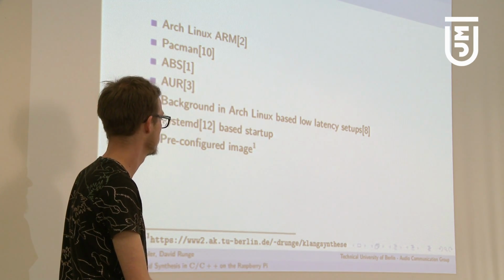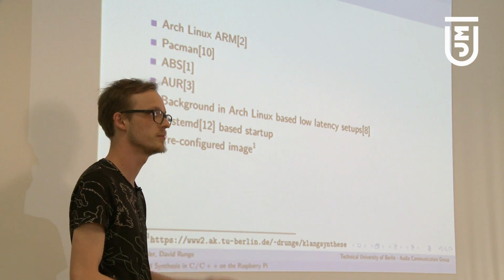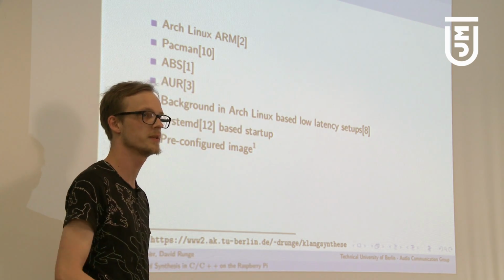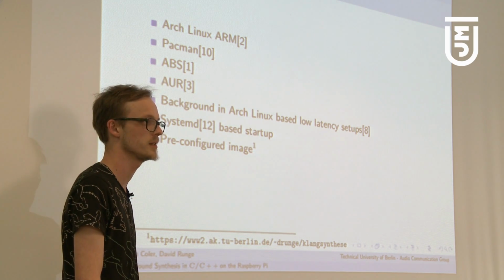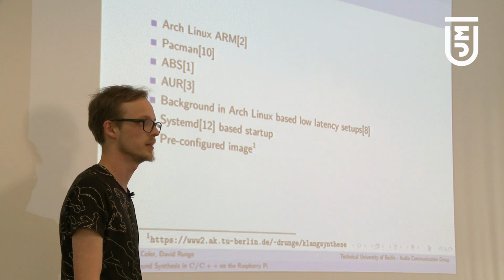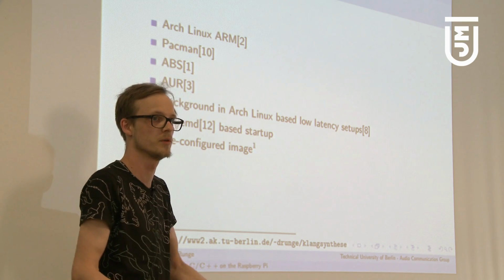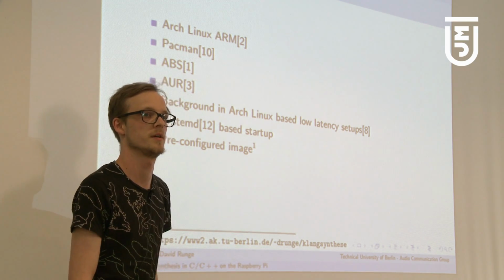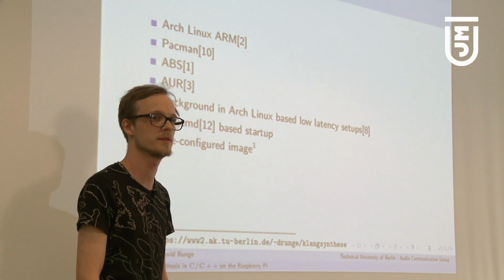So what we did is use the standard image that Arch Linux ARM provides and tweak it in the way that we needed it to run. Arch Linux ARM is, much like Arch Linux itself, quite bare bones, so there's not much pre-configured. It's not like Raspbian in that regard.